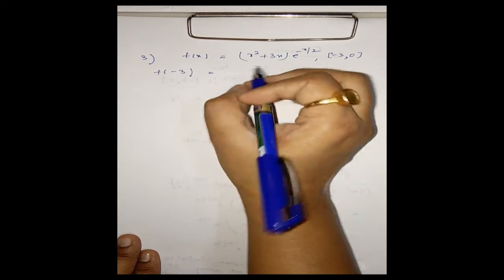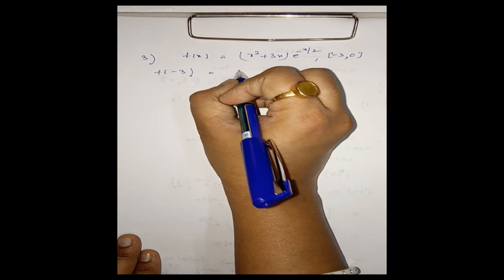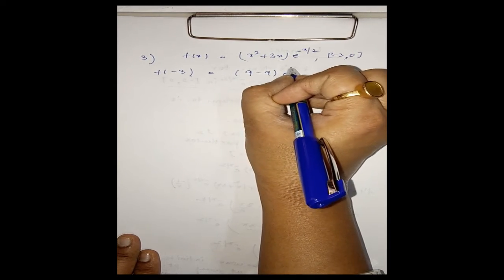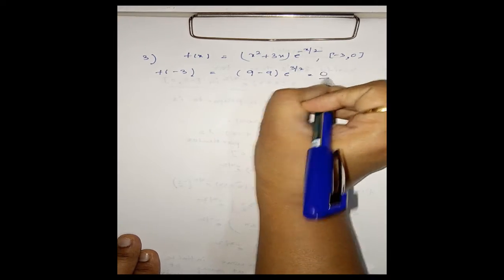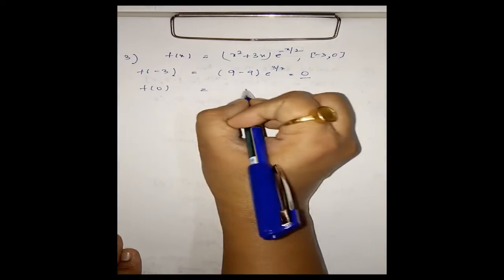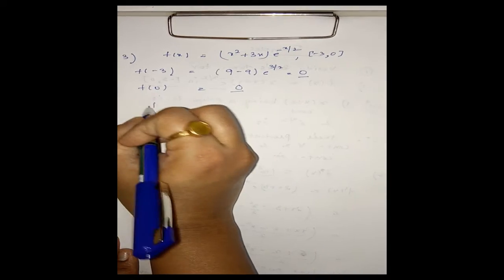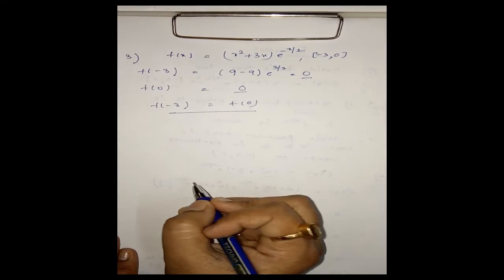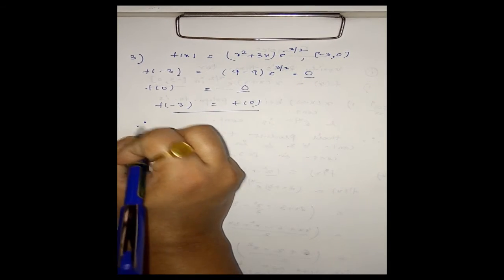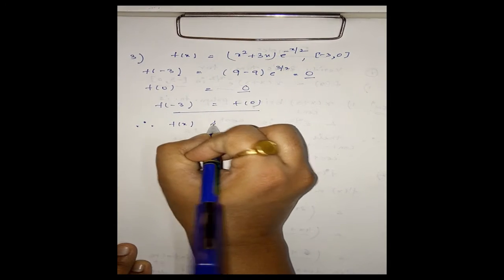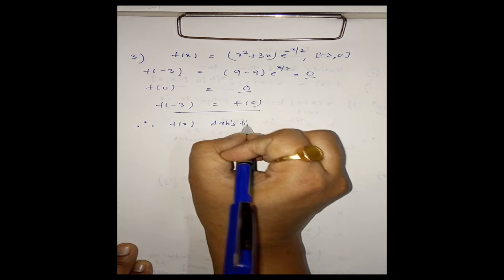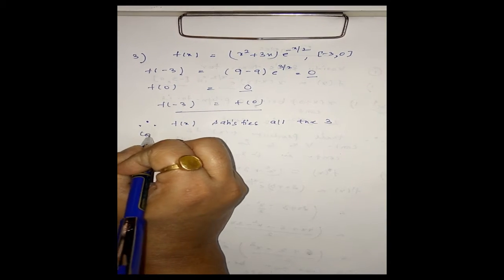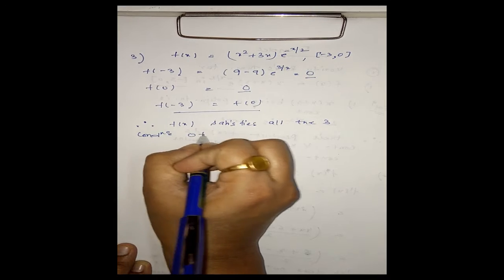If I take x to be minus 3, this will be 9 minus 9, times e to the power 3 by 2. This is 0, and f of 0 is 0. That means f of minus 3 is equal to f of 0. Therefore, f(x) satisfies all three conditions of Rolle's theorem.